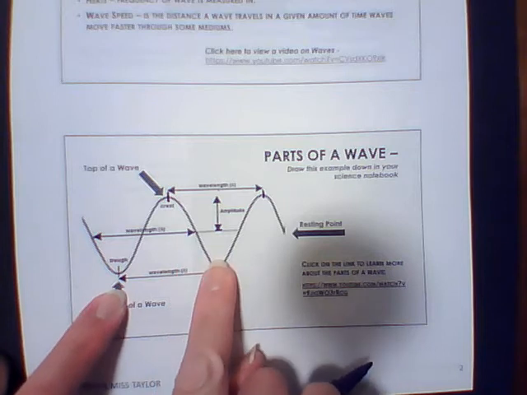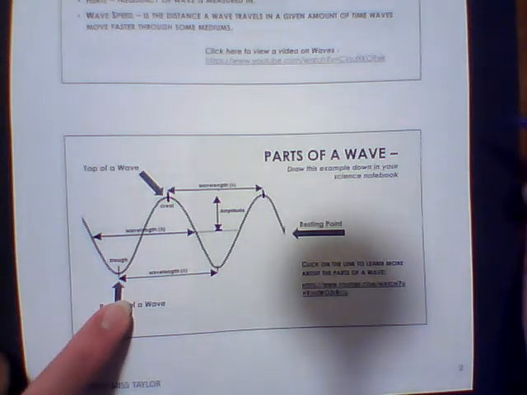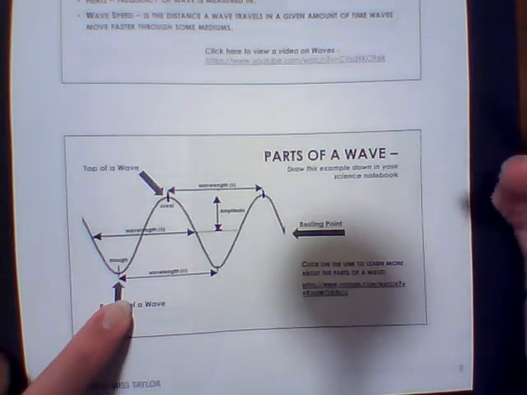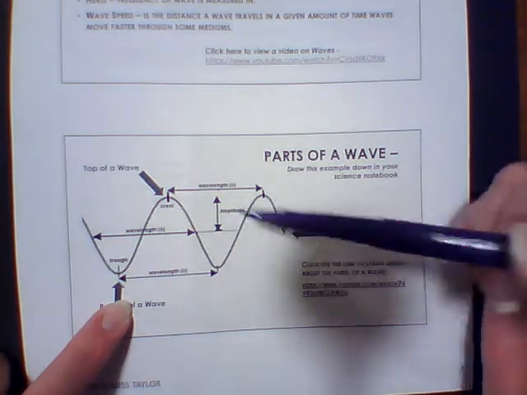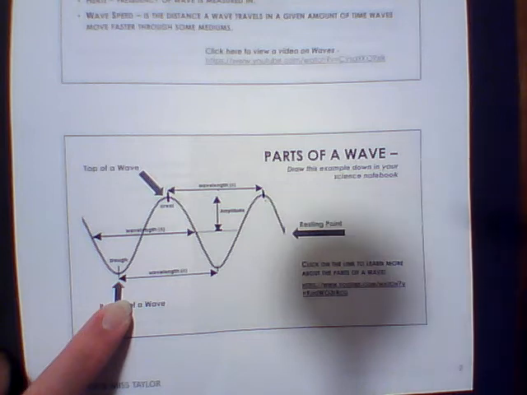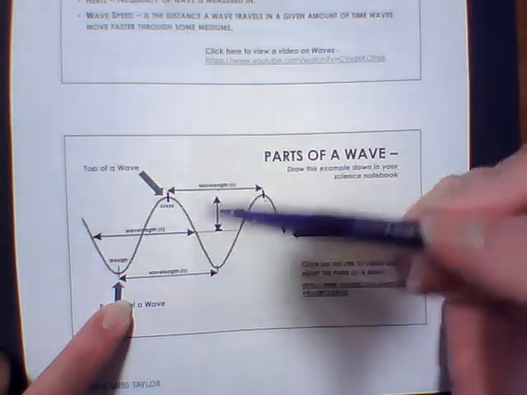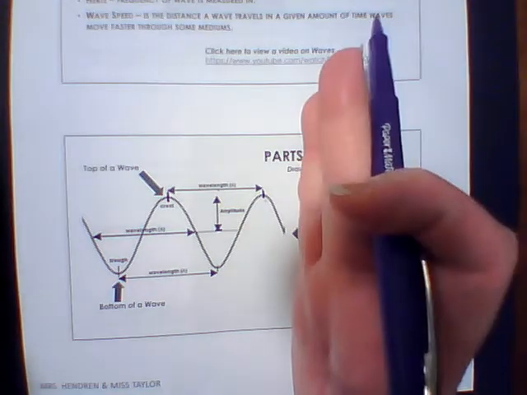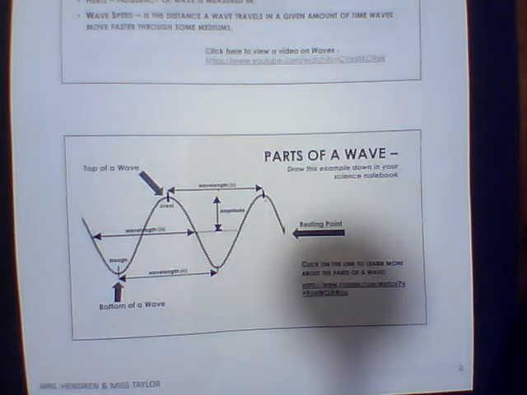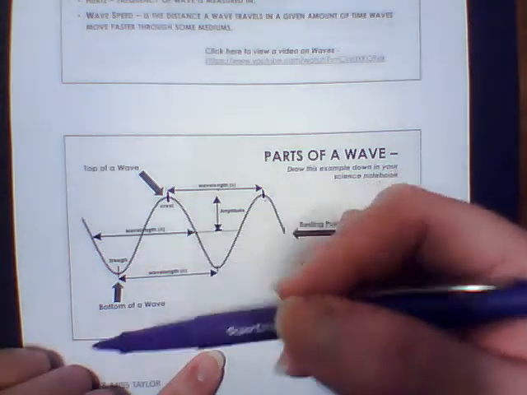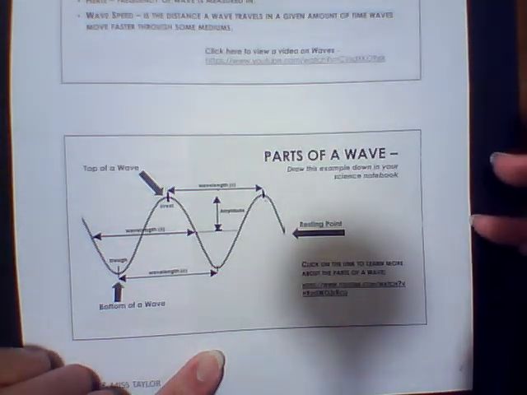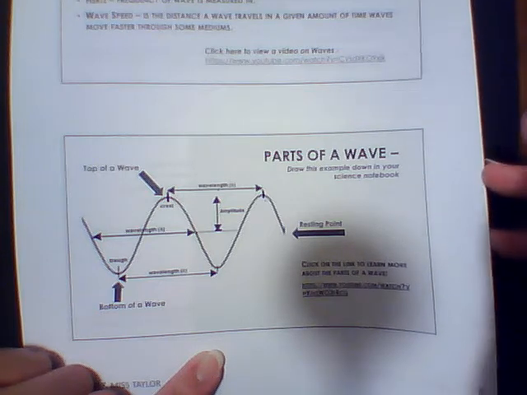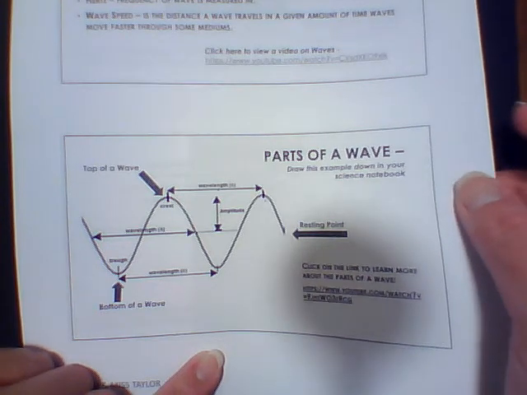The same parts here. Frequency is the number of times it produces a wave, so basically, how many times does it touch here? Hertz is how the frequency of a wave is measured. So how many times did it go up and down within a certain amount of time? Wave speed is usually how fast it's going. It travels a given amount of waves in a certain amount of time through a certain medium.